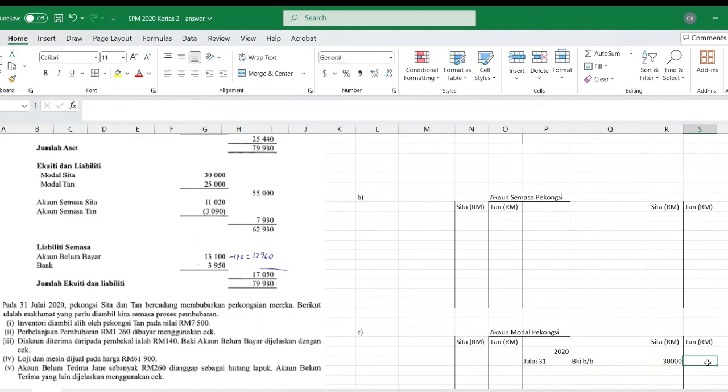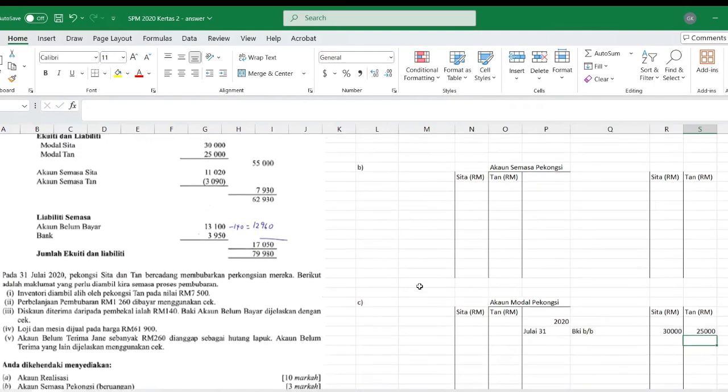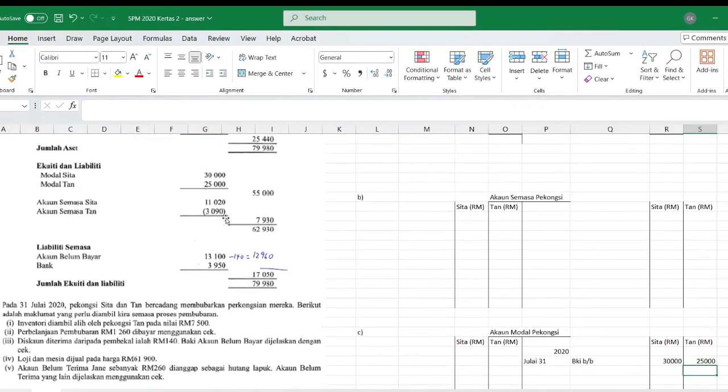TAN is 25,000. Right? Account semasa Perkongsi we also prepare accordingly. SITA has a credit balance of 11,420. Right? TAN has a debit balance. This bracket means debit balance. Account semasa Perkongsi TAN.